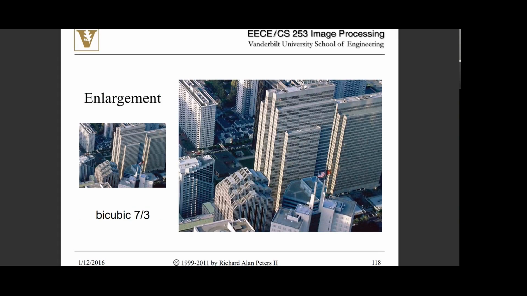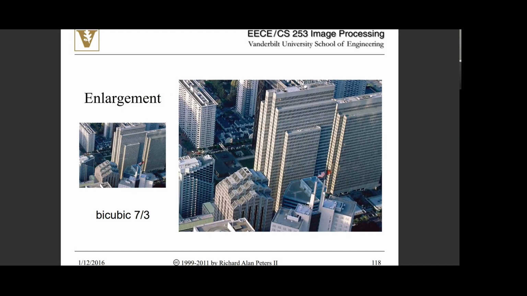But still, the quality is much better here. So in the cubic, you can look at the small details. So for instance, this flag here, or the small windows. And then those details in the bicubic are a little bit better. Okay? But when you do an upsampling, there is no aliasing. Aliasing only occurs when you do decimation.